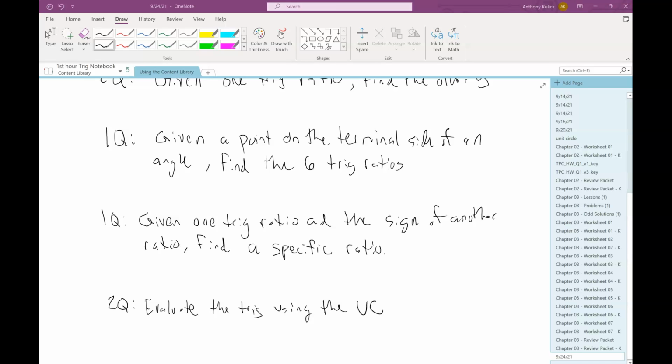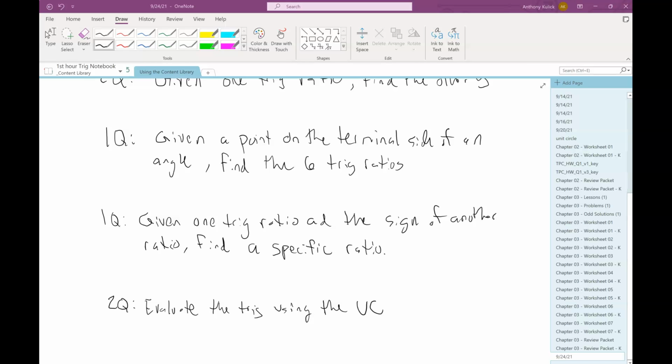So in terms of things that you should have memorized, you definitely need to know how to use SOHCAHTOA. Probably already knew that starting the class, right?